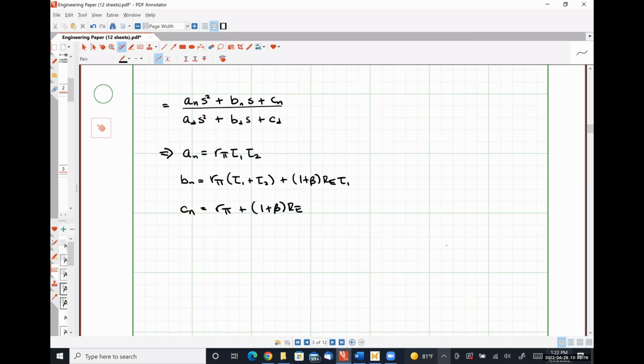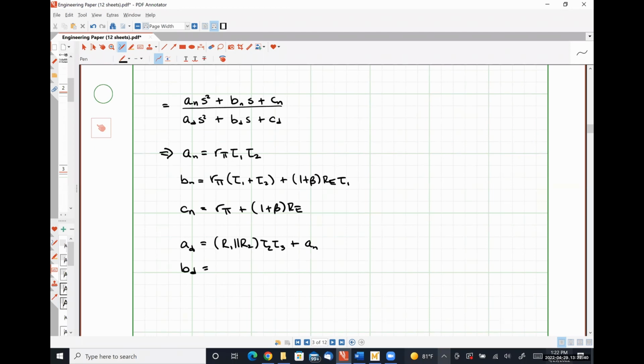The coefficients on my denominator, AD, were given by R1 in parallel with R2 times tau 2 times tau 3, plus what I had in my numerator, AN.